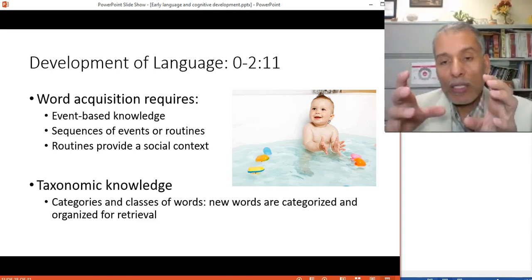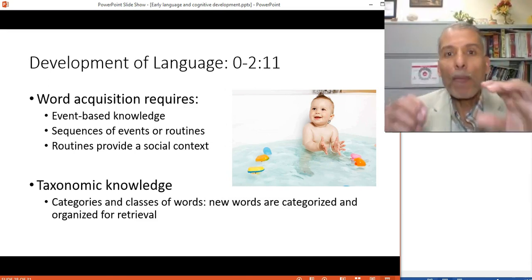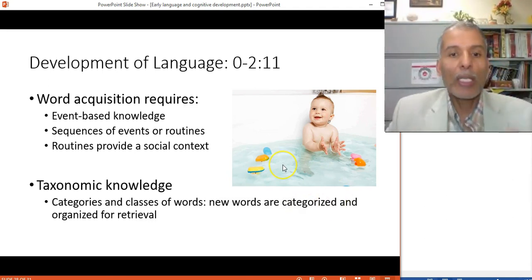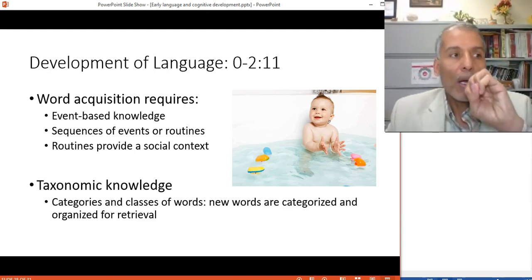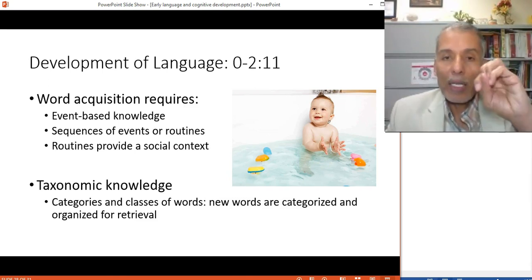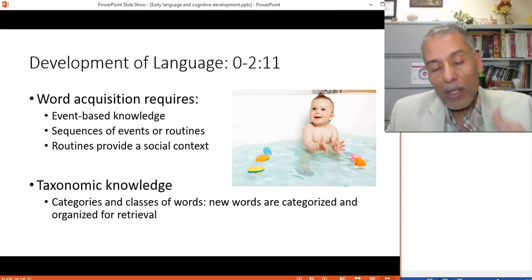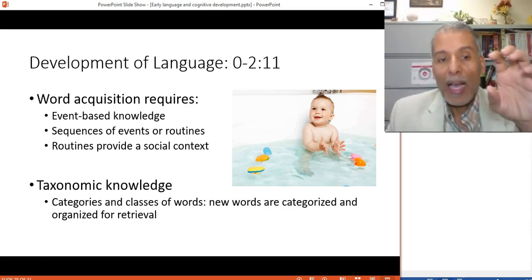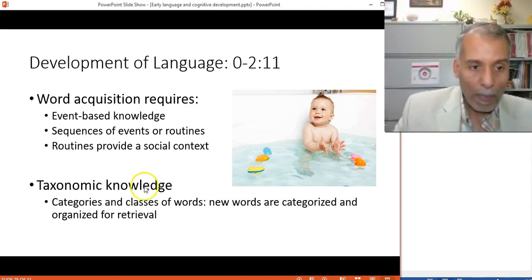And these routines, sleeping routine, swing routine, nap time routine, bath routine, story time routine, all of these give a rich context for language schemas, words and sentences and everything with language to develop. And because these are heard day by day, over and over, they are consolidated, and they serve as a scaffold for language to develop on.